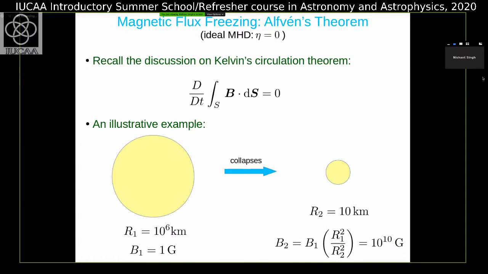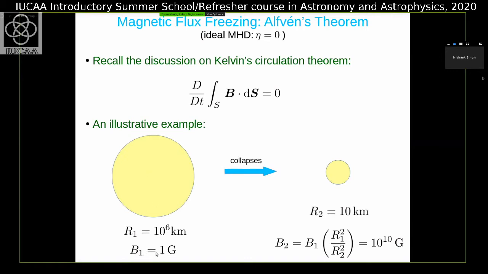Just as a quick application of flux freezing, which I will not derive, you can look up any textbook. The statement is that the convective derivative of the magnetic flux through an area is basically zero. So I can take a star, suppose it's a sun-like star.